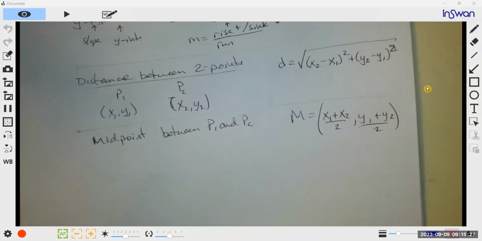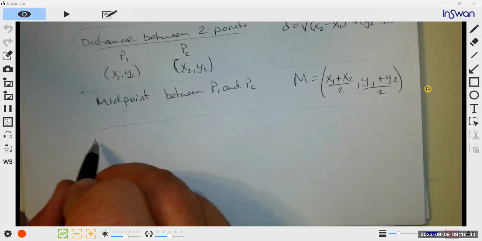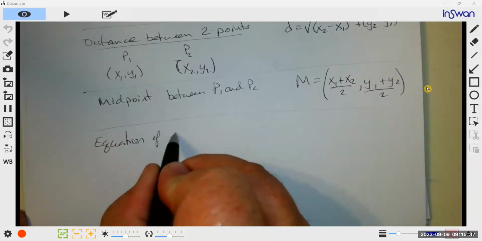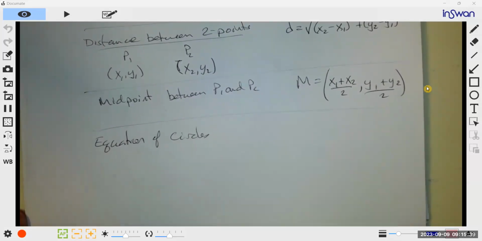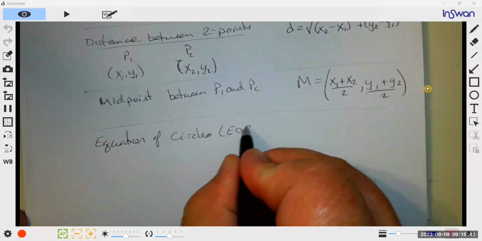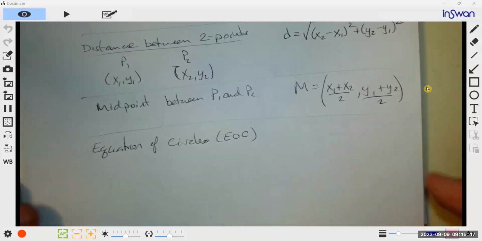It's the average between the two. And then we moved on to the equations of circles, which I call EOCs.